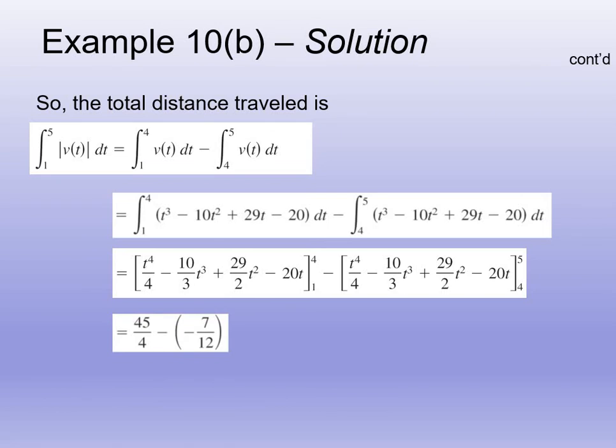So we're going to end up with 45 over 4 minus negative 7/12. Now it becomes positive, and we ended up traveling a total distance of 71 over 6 feet. What you need to understand is that displacement will always be less than or potentially equal to the total distance. Displacement will never be greater than the total distance.